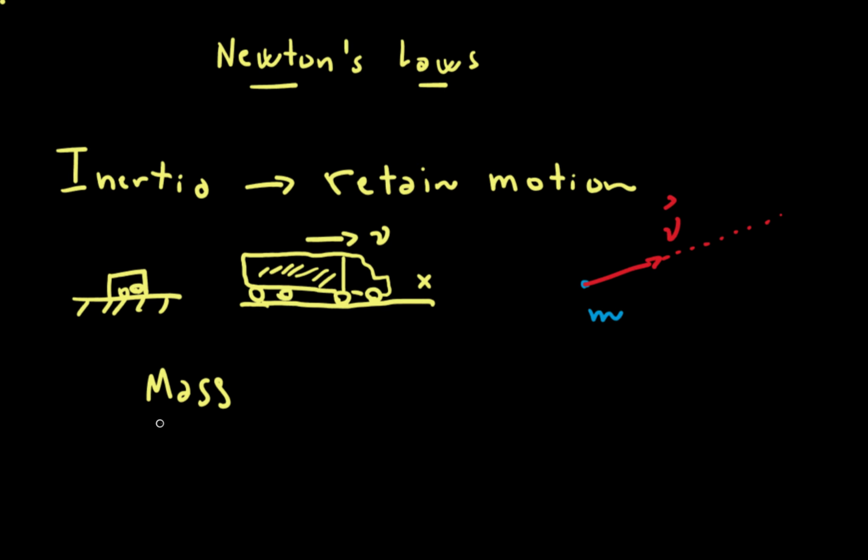All right, so you have heard me talk about this mass term before. If you remember, we had length and we had time, and we used these to describe motion.